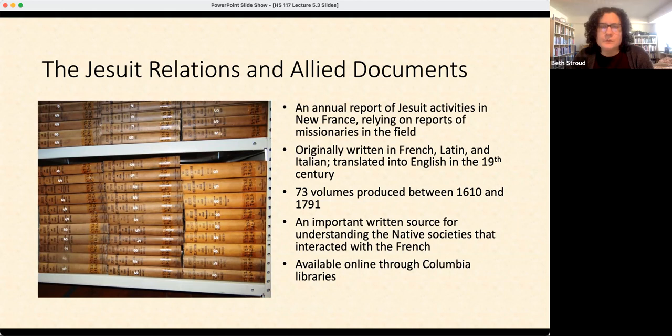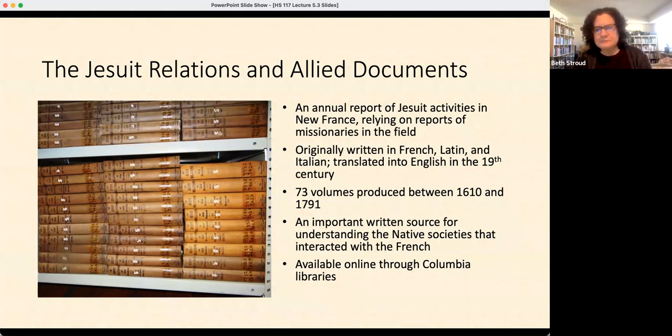Those were edited, organized, and published to promote the Jesuit missions. 73 volumes were produced, though it's only the middle years that exactly follow that relations format.